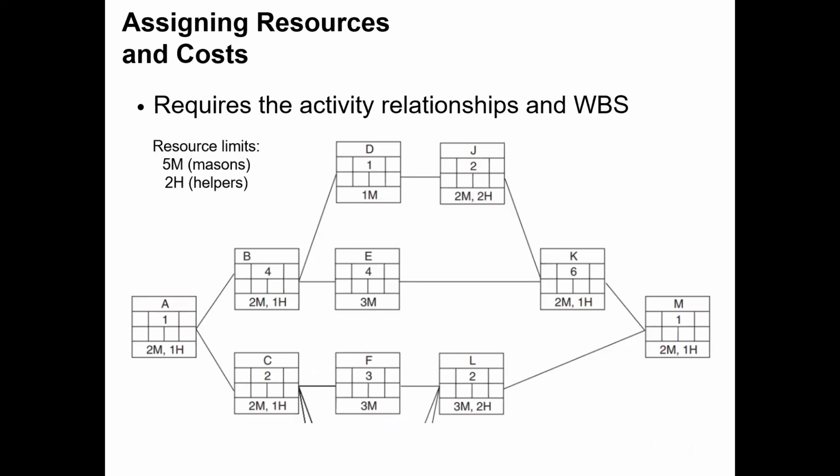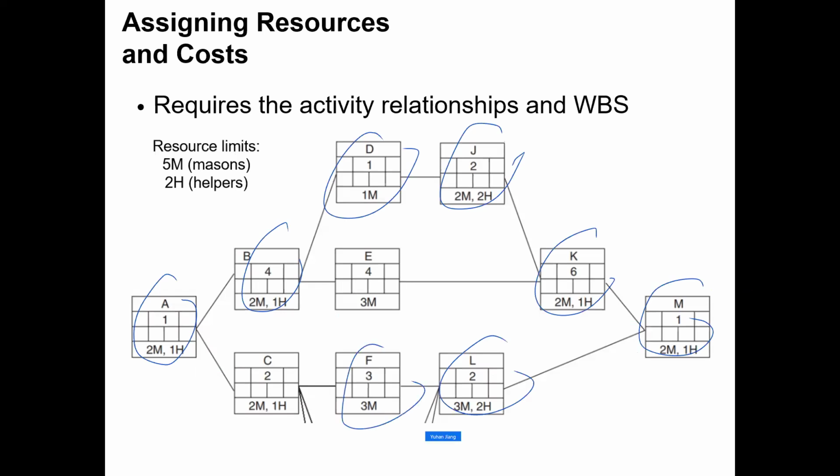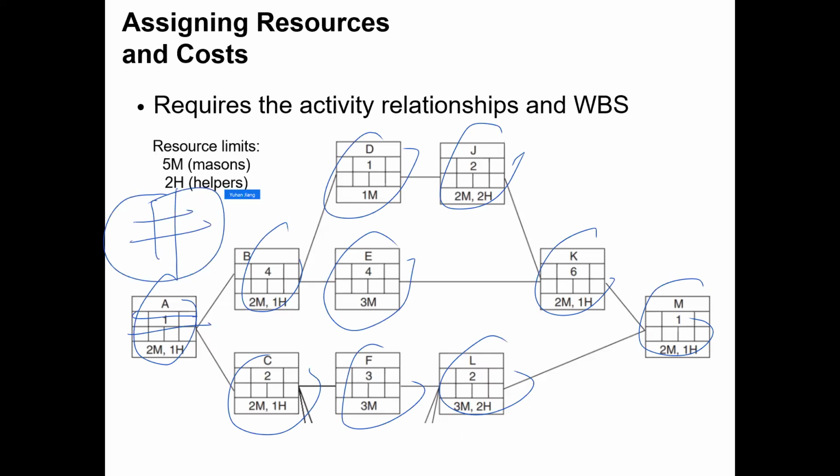So here is another scenario we are going to do if we do the full scheduling. We will think about the resource and the cost. This diagram over here is similar to what we have done for the practice, but you will see they have some boxes over here, and each box means something.